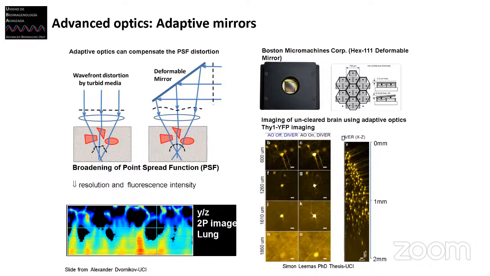And this is the thesis of Simon Limans, PhD student of Enrico, where he managed to image neurons at very high resolution, up to 2 millimeters in the brain, without clearing or removing autofluorescence, which is very tough, very challenging to do.